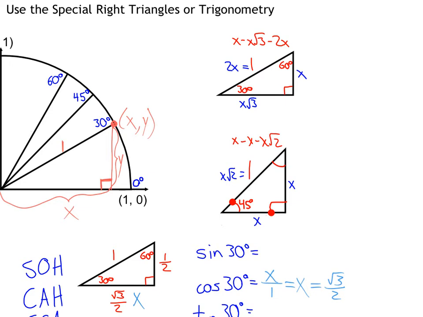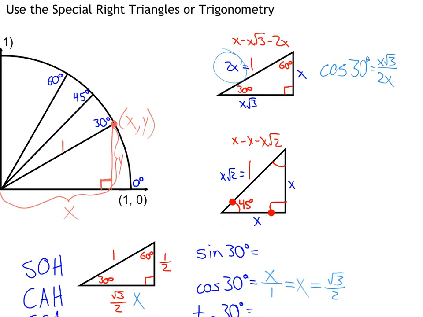See your 30 here? The adjacent side is always going to be something times radical 3, and the hypotenuse is always going to be 2 times whatever that value was, x. So if I do the cosine, it's x root 3 over the 2x, the hypotenuse, right?